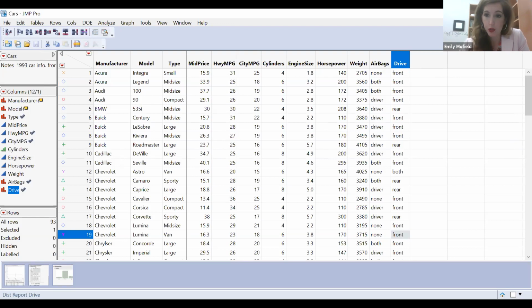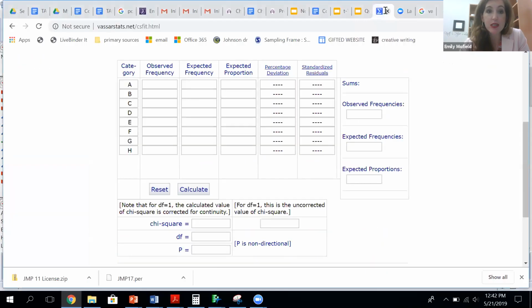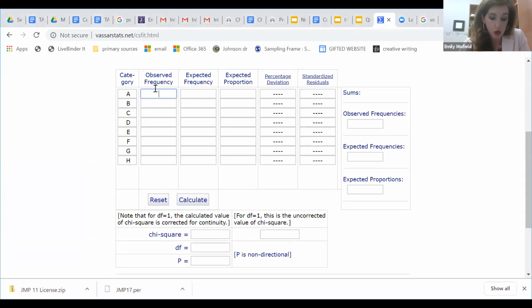And so what you would do, let me make sure I'm sharing the right thing. Okay, so what you would do, you go to this calculator called Vassar Stats. And what you do is you put in the numbers that you know. So we had 16, we had 43, and we had 34.